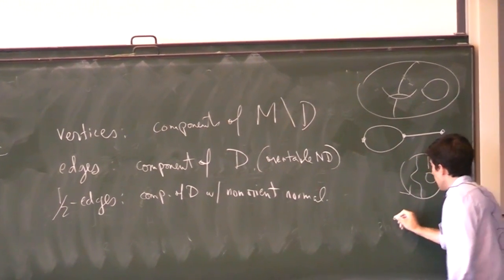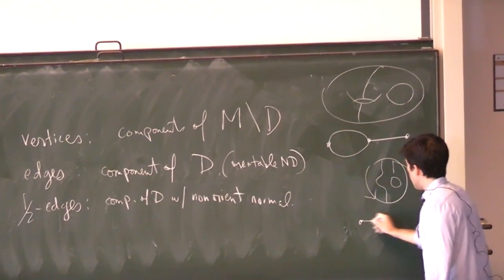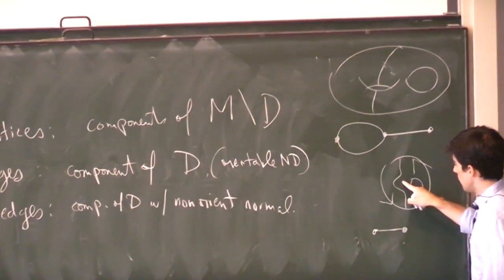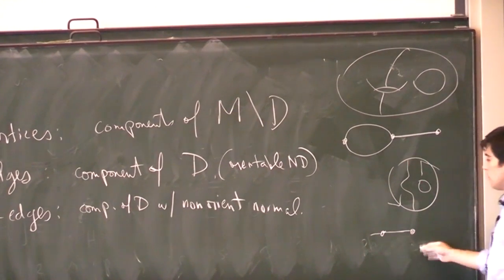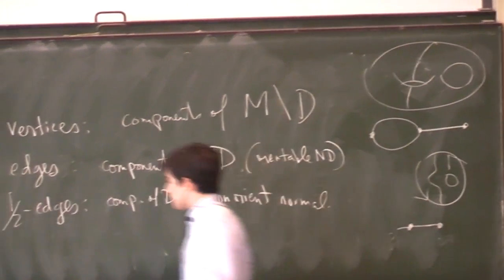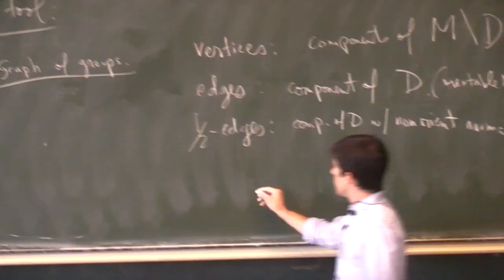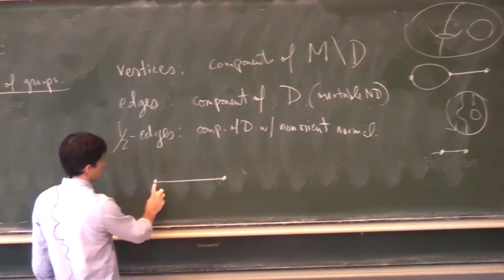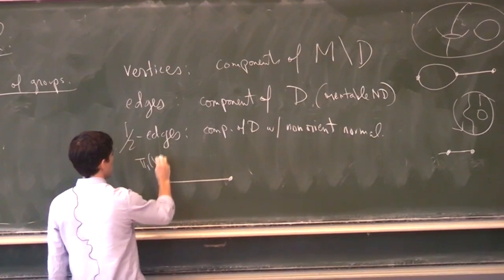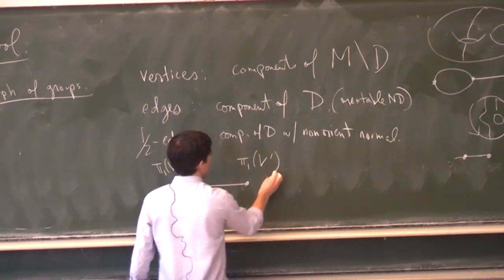for this case, I only have two vertices. I have one edge joining this to this. And then I have a half edge because this one is a Mobius strip, so I have only a half edge with no vertex. Okay. And then you just stick on this graph the fundamental groups. So for this vertex, I'm going to put the fundamental group of V, and here I'll put the fundamental group of V prime.